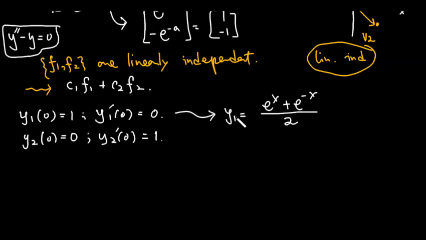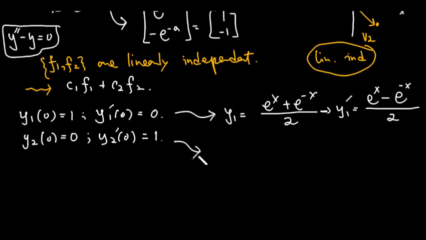If you plug in x equals 0 there, it's 1 and 1, so that picks up 1. If you differentiate y1, it will be e to the x, and the derivative of negative x is negative 1, so it picks up this function here. If you plug in x equals 0 this time, it's 1 minus 1, so they cancel and become 0.